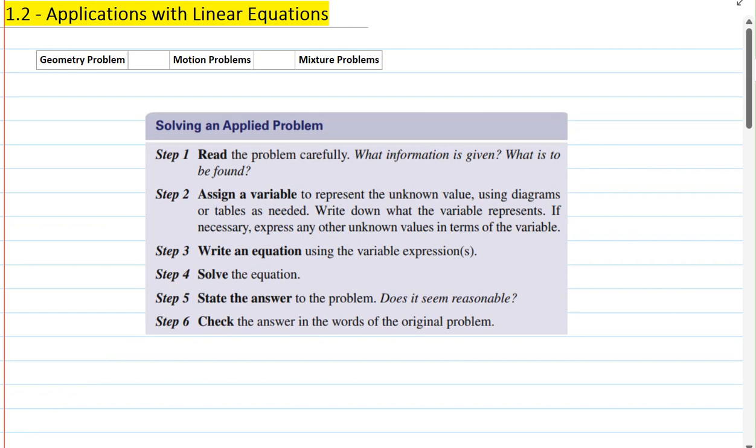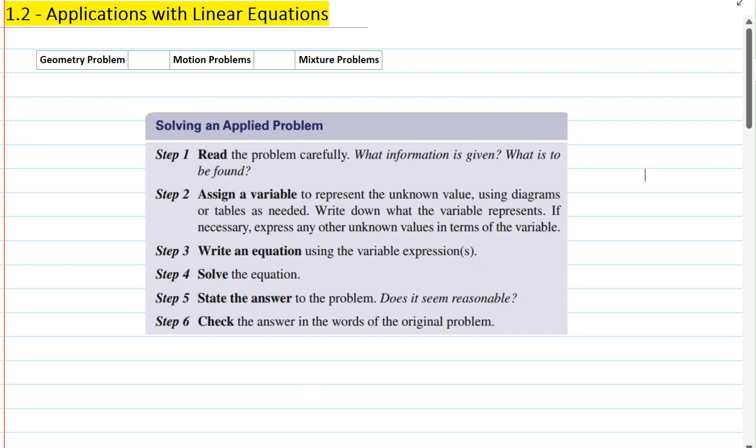Instead of writing it, I thought I'd just copy and paste this. This is a pretty standard six-step process for applied problems. Step 1, of course, the key step: you have to read the problem carefully and try to glean from the verbiage of the problem what information is given and what it is that we're trying to find.